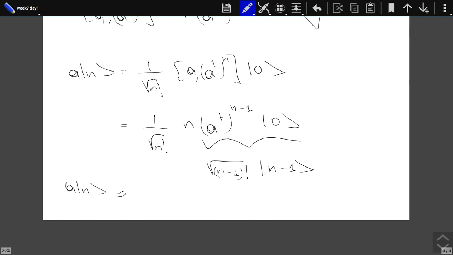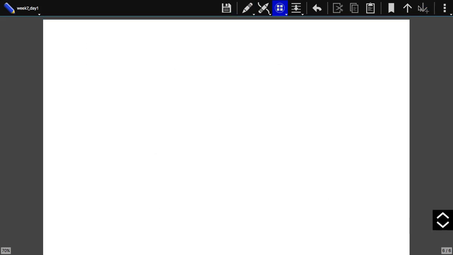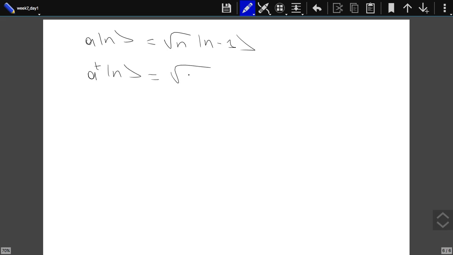So a acting on n is just n over square root of n minus 1 factorial, or this is square root of n, ket n minus 1. So what we have: a acting on n is square root of n times ket n minus 1, and a dagger acting on n is square root of n plus 1 times ket n plus 1.